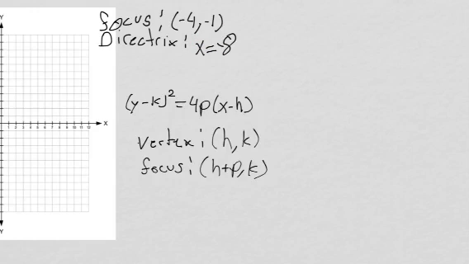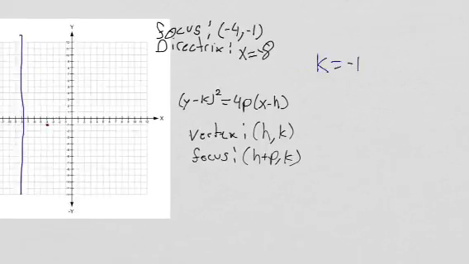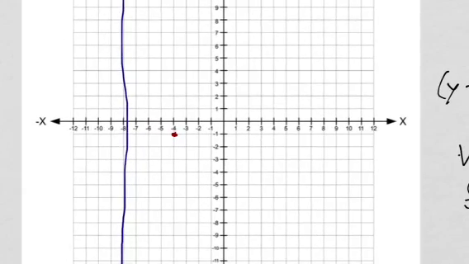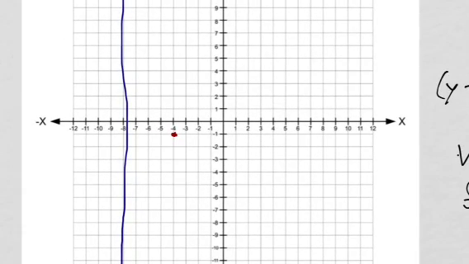So we know that k equals -1. We can also see that the vertex is going to be directly in between the directrix and the focus.